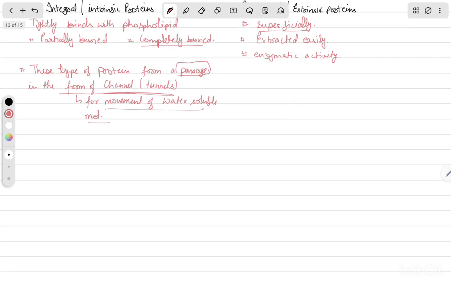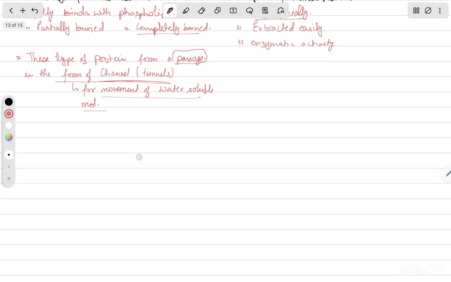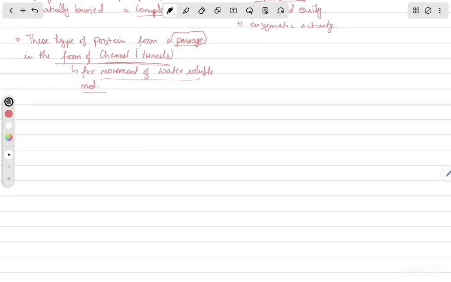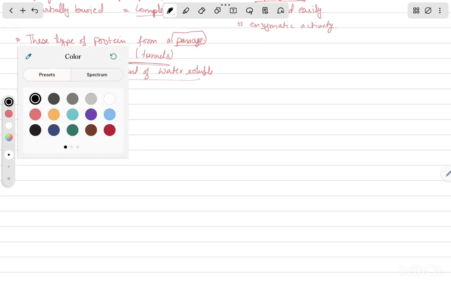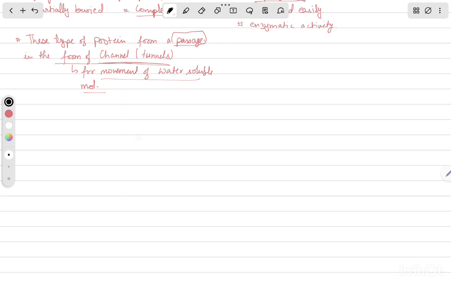Now, we have discussed the structure of protein and the structure of lipid in plasma membrane. Is there any other component present in plasma membrane apart from lipids and proteins? Yes. Those molecules are oligosaccharides, or we can say sugars, right?